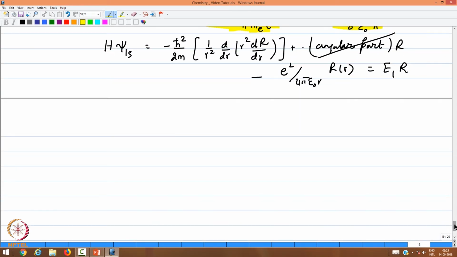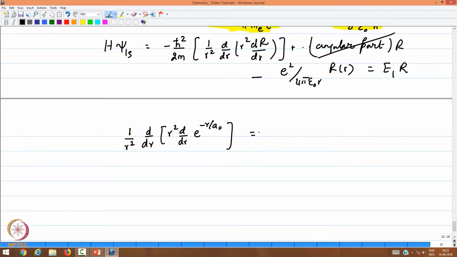Okay, first, 1 by r square d by dr r square d by dr of exponential minus r by a naught.